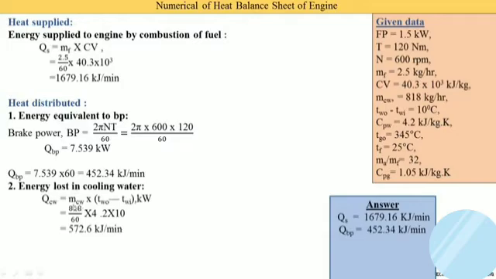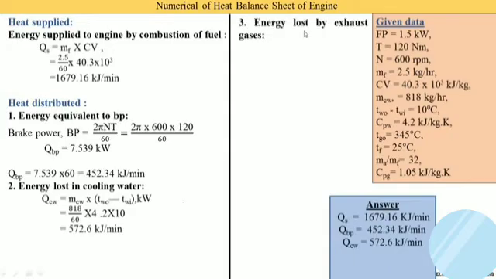Here you see that the unit of mass is kg per minute into Cp kilojoule per kg Kelvin, and the temperature difference is also in Kelvin. So Kelvin is cancelled and kg is cancelled, then the remaining is kilojoule per minute. So here we mention it in the answer.